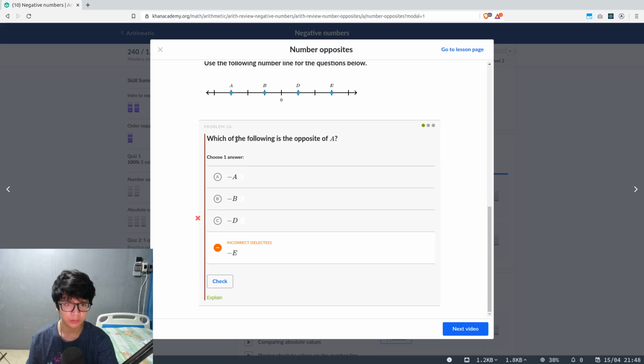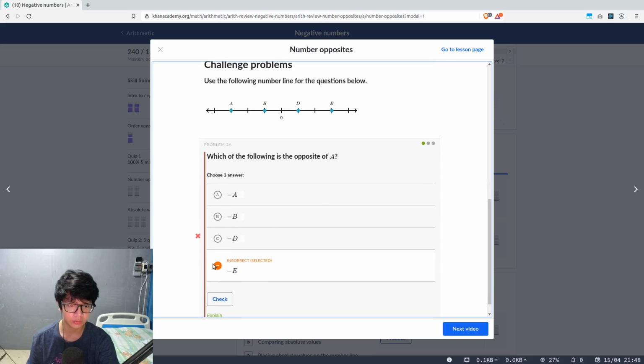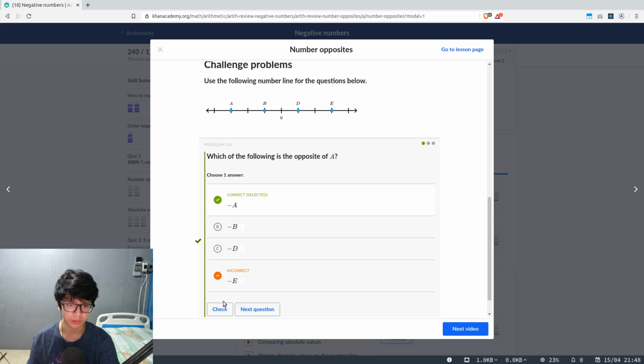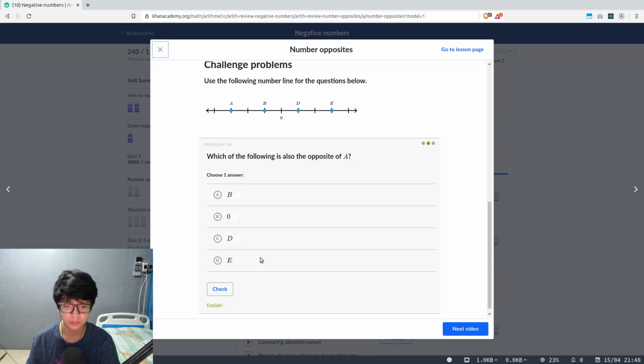Wait, what? It's the opposite of A. And it is the middle, and it's gonna be E, right? What the heck? For real? Let's answer this one. I'm supposed to say negative A. Oh my gosh. So weird, man. Okay. Which of the following is also the opposite of A?